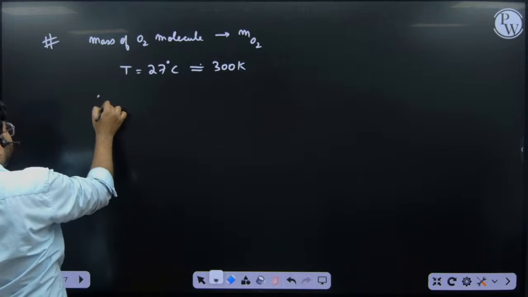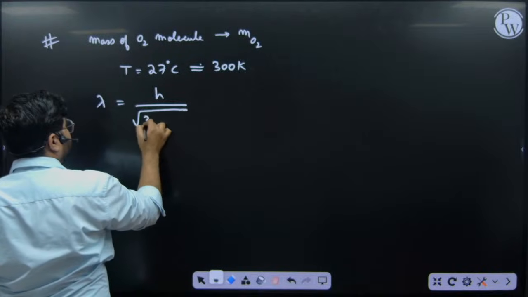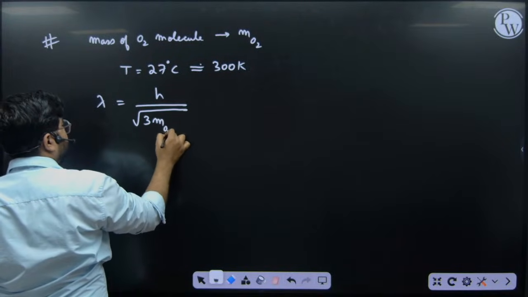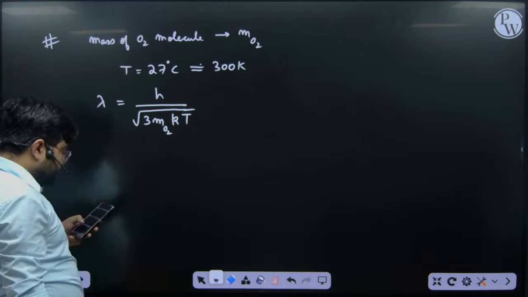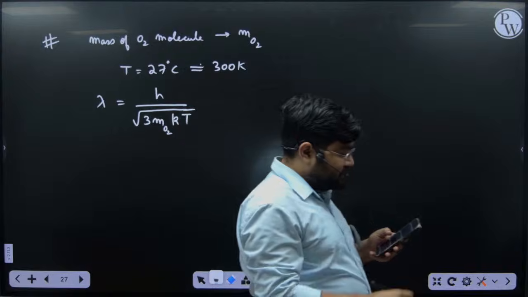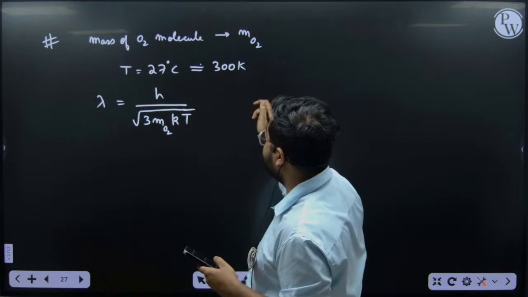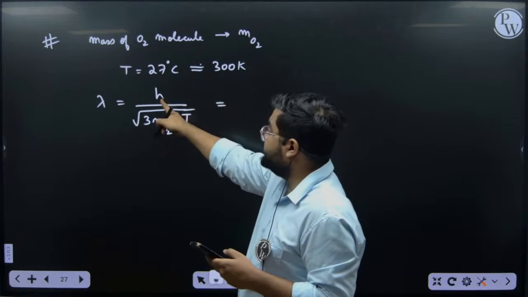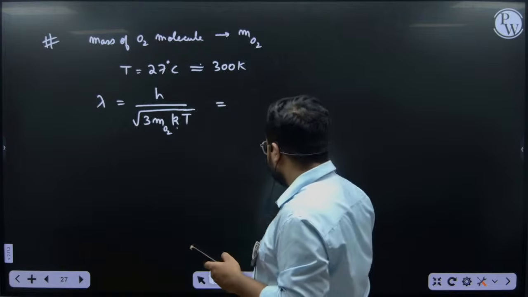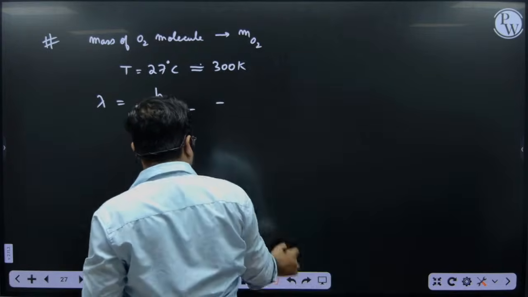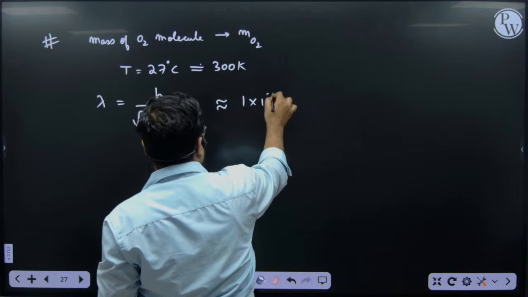So the de Broglie wavelength comes out as h by the formula, under root 3 MO2 Boltzmann constant into temperature. Now the options are not given for us, so this is a purely calculative question. You have to put the value of h, MO2, Boltzmann constant and temperature, and I just put it in the calculator and I am getting approximately 1 into 10 to the power minus 11 meter.